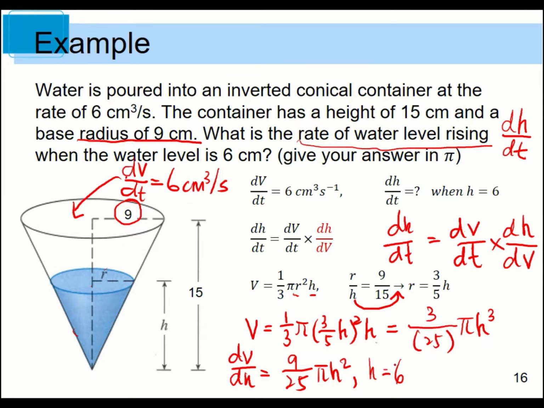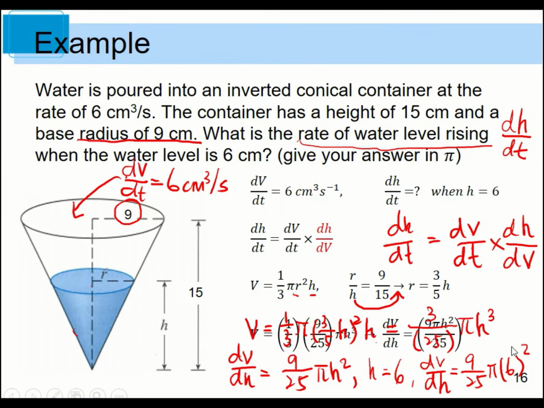So we have dV/dt equivalent to 9 over 25 π 6 squared. After that, we are going to invert this and substitute here. The dV/dt is 6 cm³ per second, and then we can find dh/dt.